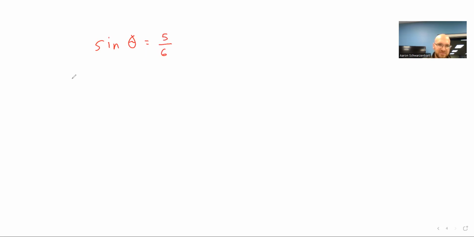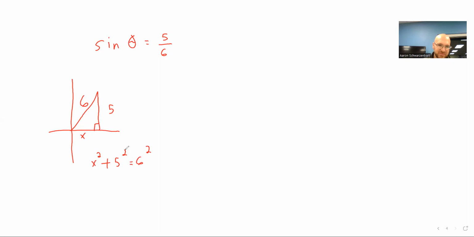Sine theta is 5/6. So I'm going to draw this out in the first quadrant. 5/6. That means opposite is some multiple of 5, and hypotenuse is some multiple of 6. I'm going to just take the least common multiples. And I'm going to get this third side, x, with the Pythagorean theorem. X squared plus 5 squared equals 6 squared.